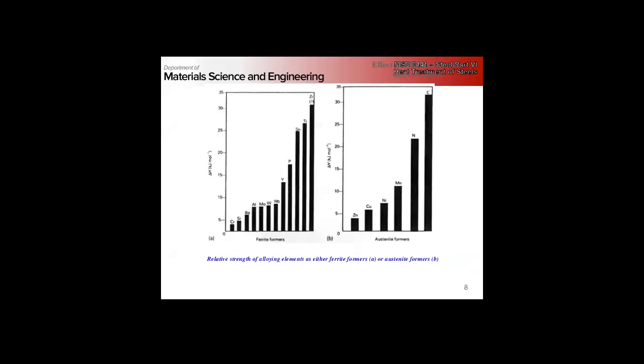So what makes them a more effective stabilizer than other elements? That's a first principles type calculation. I can answer it for austenite, because these are going interstitial.